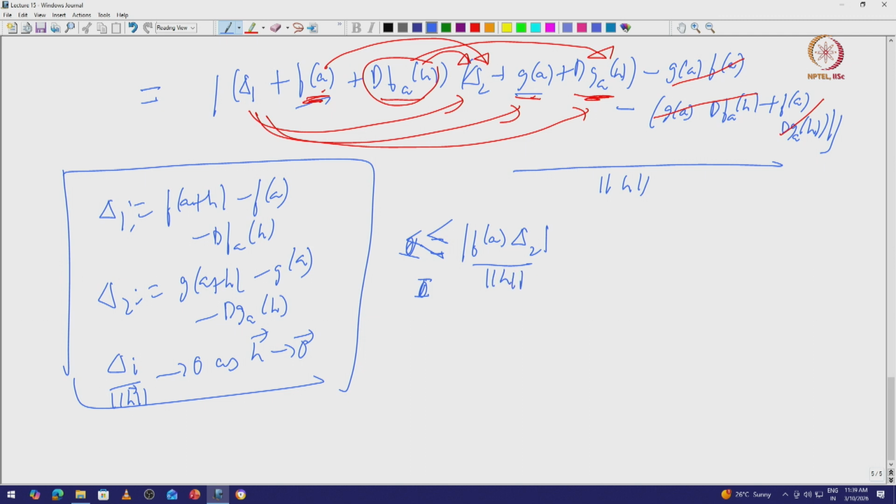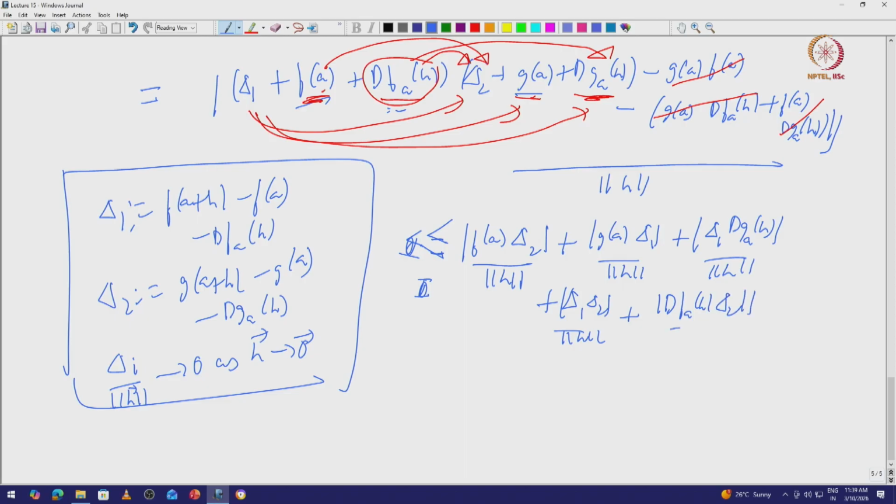So, this multiplies with this, and then this one, g of a times delta 1 divided by norm h, plus delta 1 times dg of a h, by norm h, delta 1 delta 2 by norm h, plus the derivative of f multiplying delta 2 by norm h, and these derivatives multiplying each other.